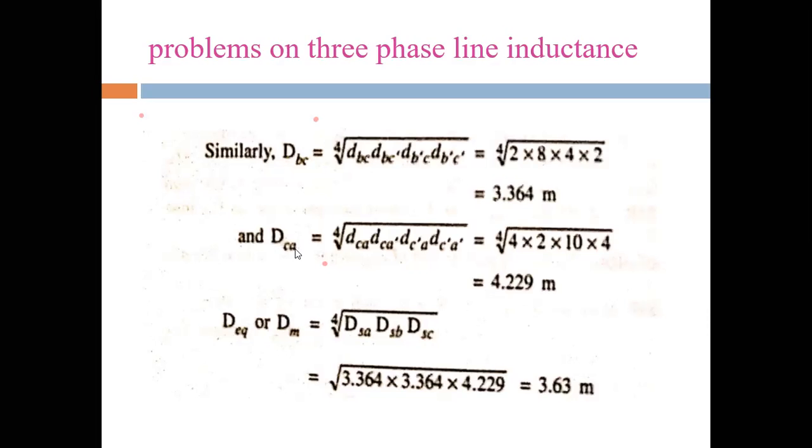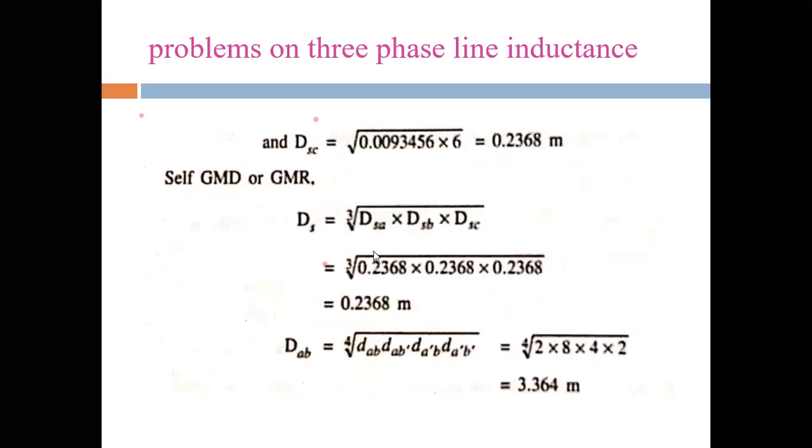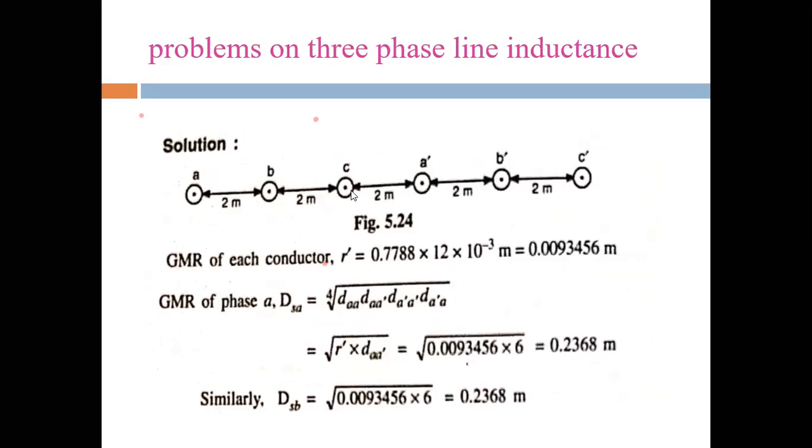Same as that, we calculate DCA. What is that formula? That is the fourth root of DCA, DCA dash, DC dash A, DC dash A dash. What is the distance between C to A?